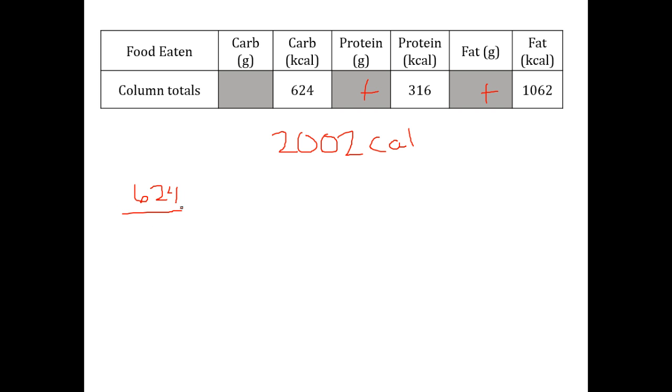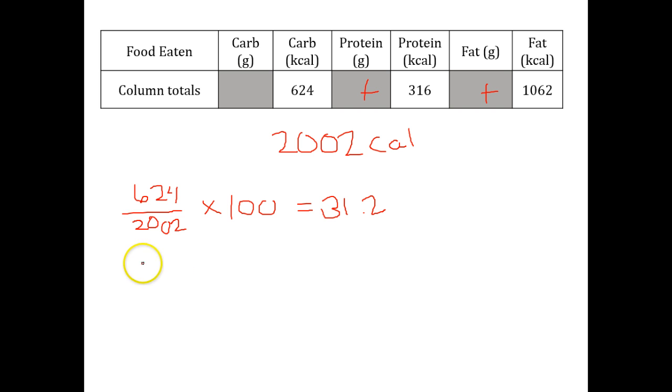And you divide that by the total kcals consumed, which was 2,002. And then you times this by 100. So that equals 31.2. Or you could round this to 31.